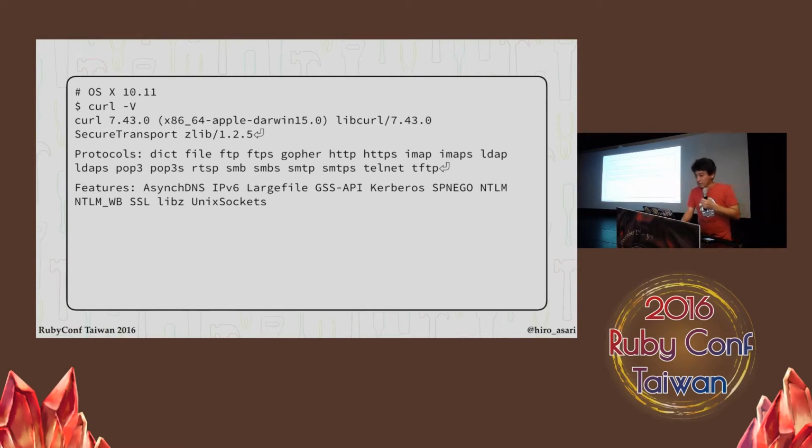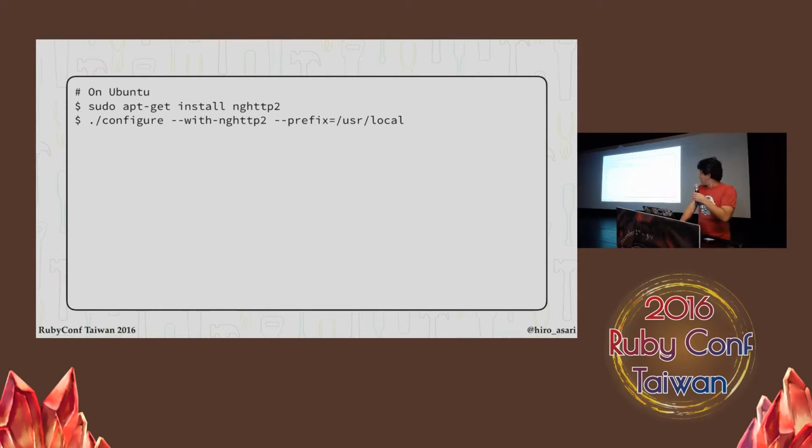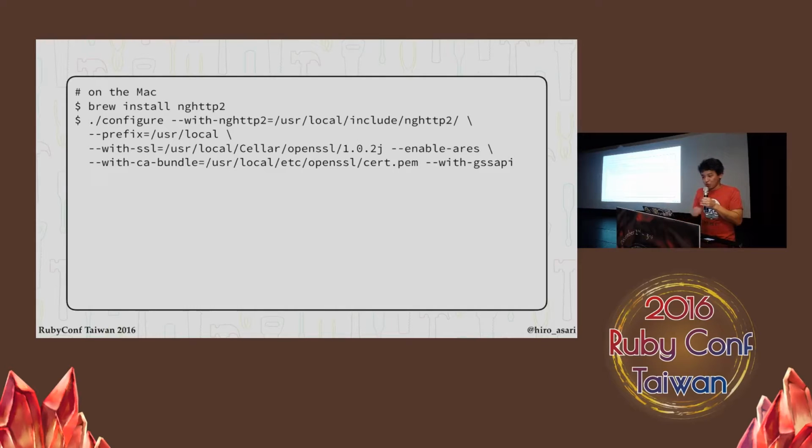So how do you configure it? When you configure the source, you add the --with-nghttp2 flag. nghttp2 is the name of the C library that implements the H2 protocol, and you can install that with apt-get on Ubuntu or Homebrew on OS 10.